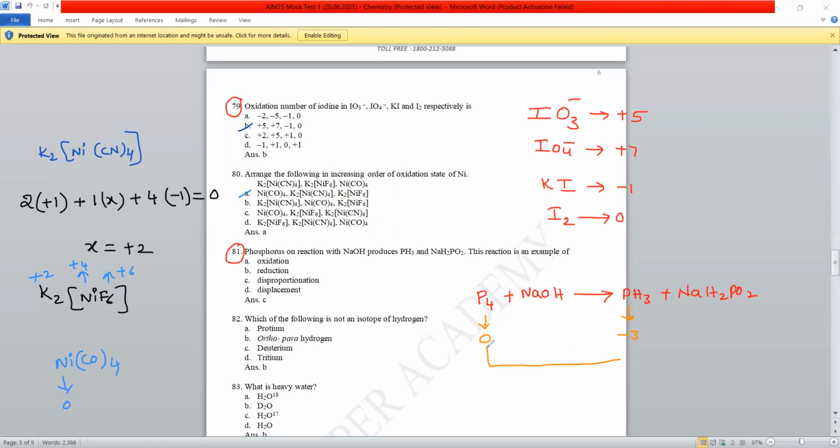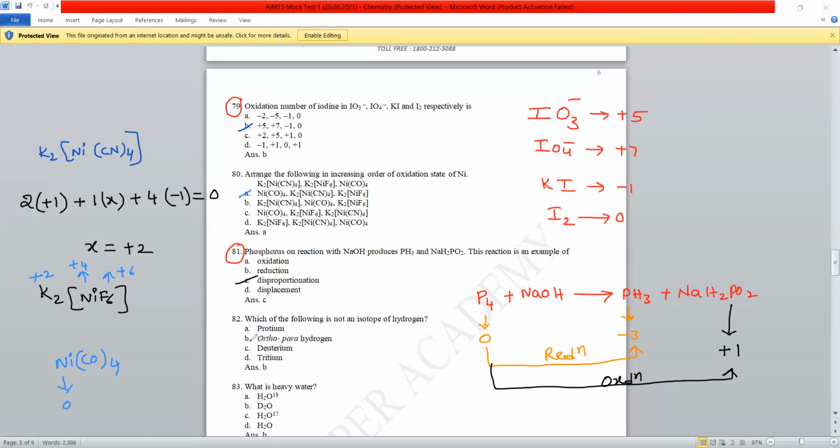So 0 to -3 is a change we can call reduction. And one more: in this compound, phosphorus oxidation state is +1. So 0 to +1, increasing oxidation state, we call oxidation. So only one element undergoes both oxidation and reduction. That type of reaction we call a disproportionation reaction.